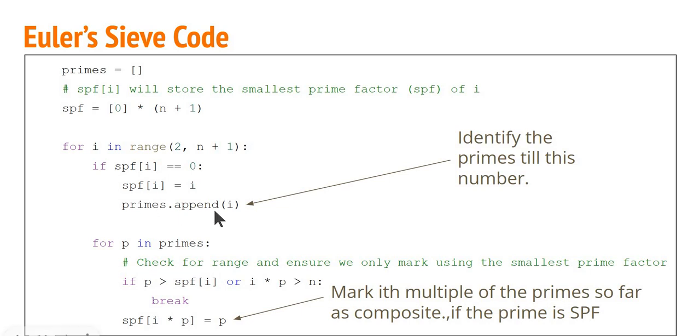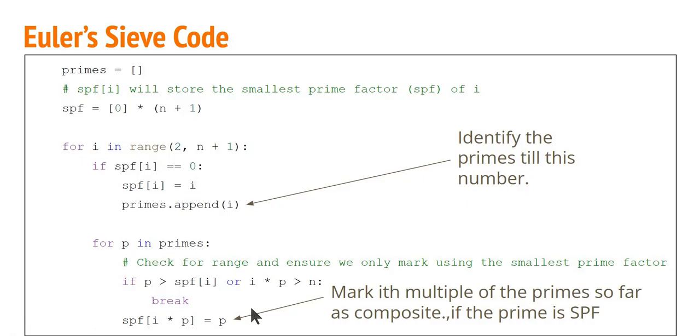Once I do this, for a given i, this list keeps evolving. We'll see an evolution a little bit later. This list keeps evolving. I then look at all the numbers that have been formed so far in this list. And I just go and say, okay, let me basically mark out the ith multiple of these P numbers as P, provided the particular prime P is the SPF.